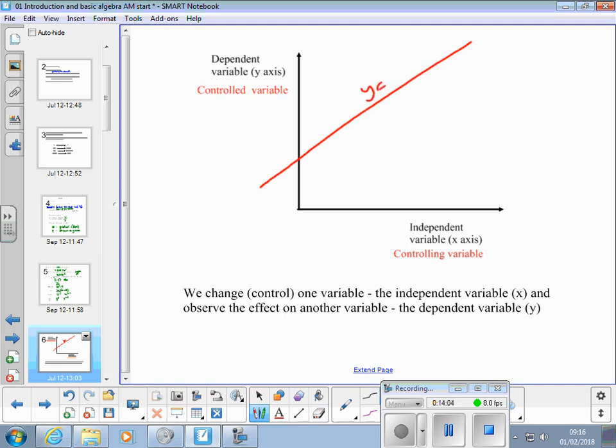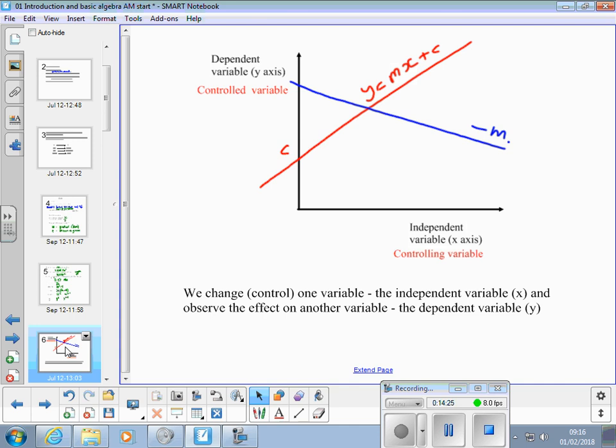Y equals mx plus c, with that being c, slope of that thing being m. Okay, if we make m negative, slope will go that way.